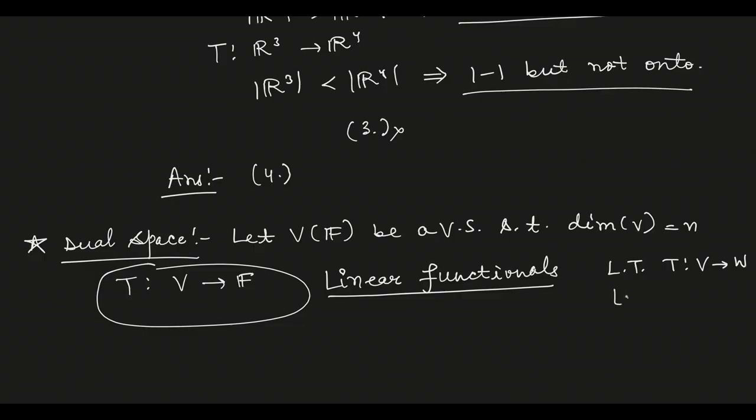In linear functional it will be a mapping from a vector space to a field. The difference is in this codomain. In linear operator, T is a mapping from a vector space to itself. Now is it clear? Yes, ma'am. The properties will be the same, but the only difference is in this codomain part.